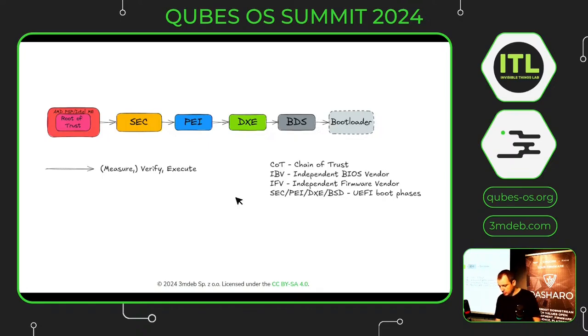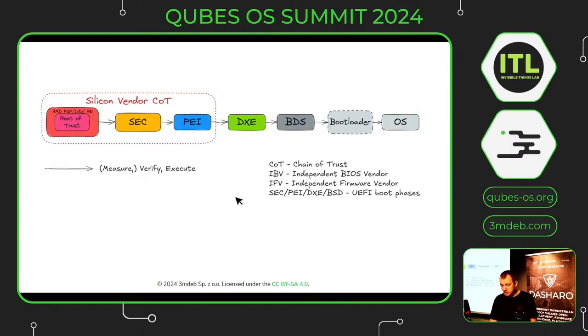That is the most important part here, and after the bootloader we have the OS. The bootloader is starting to be optional these days because of UKI, or maybe we can say the bootloader is built into the system image. But anyway, from our perspective this is starting to be one binary.